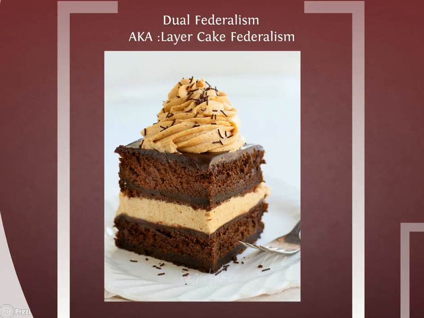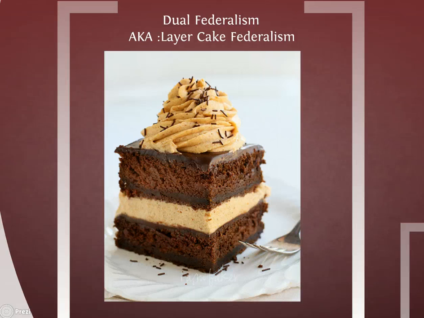Initially, the dual sovereignty of the U.S. federal system was implemented in such a way that the national and state governments acted independently of each other. Political scientists give the name dual federalism or layer cake federalism to this pattern of implementation of the federal system, whereby the national government takes care of its enumerated powers and the states independently take care of their reserved powers.